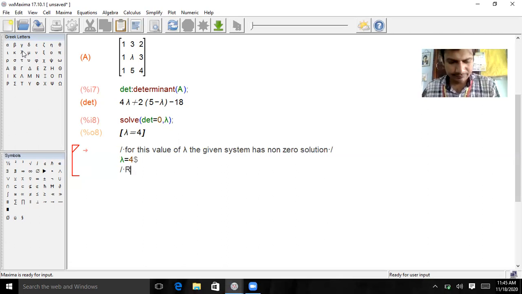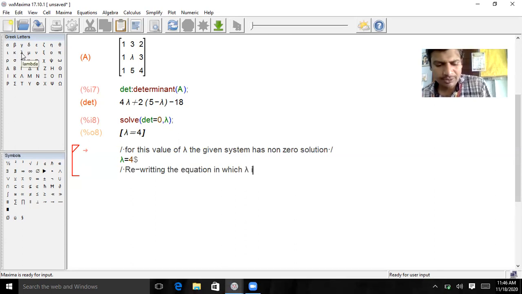Okay, rewriting the equation in which lambda is present. That is, then take star, then slash. Okay, only you press enter, then you write the equation 2.